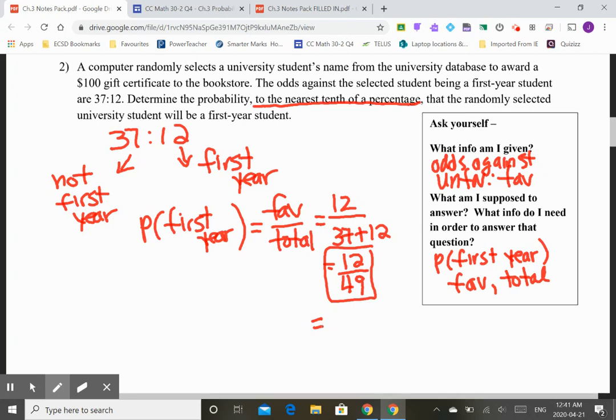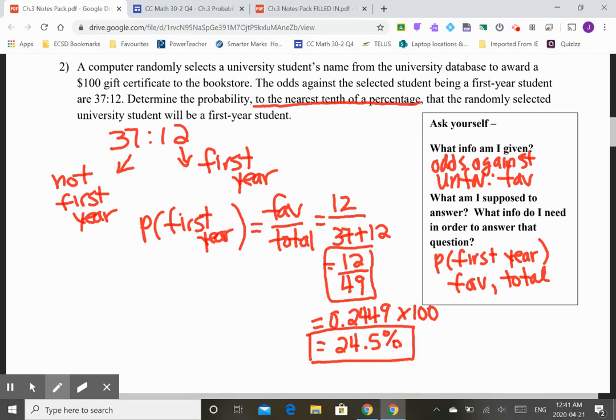That gives us 0.2449. I'm just going to round to 4 decimal places. And then we take that and multiply it by 100, and we're going to get 24.5%. And there is our probability to the nearest tenth of a percentage.